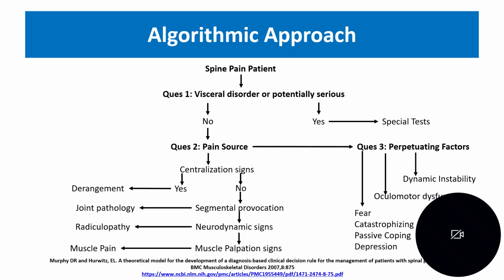Sousa, writing in a paper authored by himself and Hurwitz. The paper is entitled A Theoretical Model for the Development of a Diagnosis-Based Clinical Decision Rule for the Management of Patients with Spinal Pain, written back in 2007.